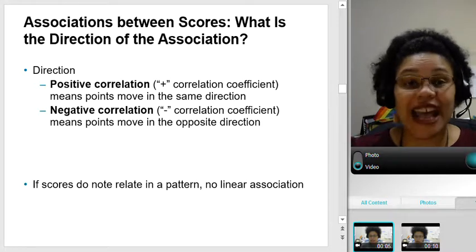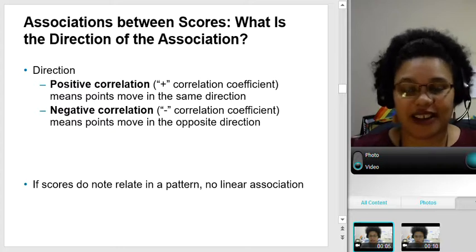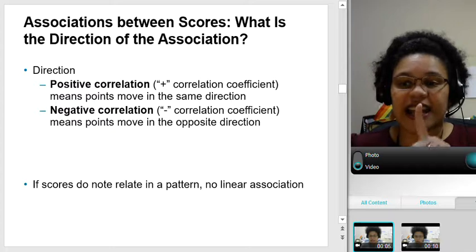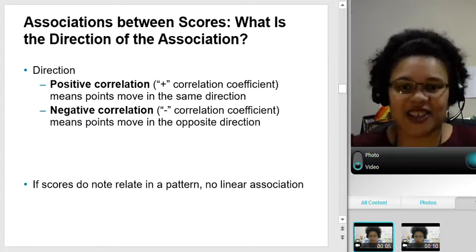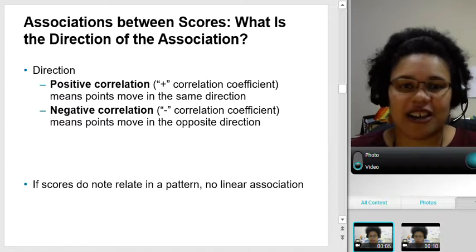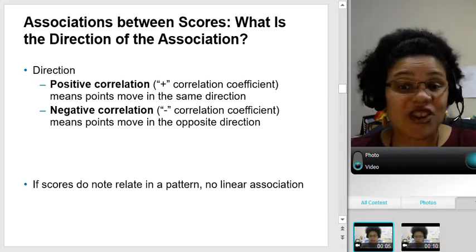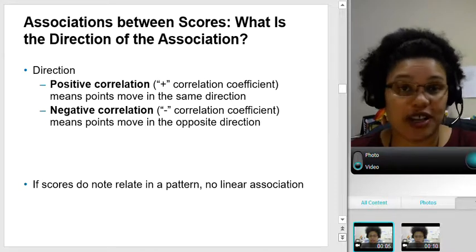The more I exercise, the less I'm likely to weigh, and so there's a negative correlation. As I exercise more, my weight goes down. Okay, so there's a simple explanation of positive and negative correlations. Now, if there is no pattern and no linear association, we say that the two variables do not correlate.